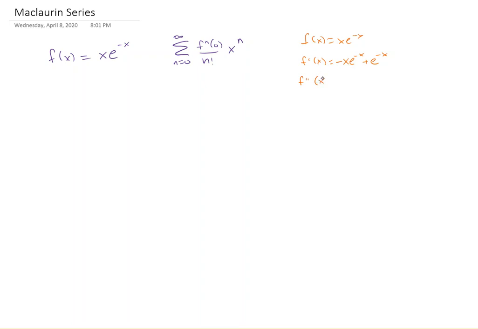Well, first times the derivative of the second. Now we have to do this one here. I think that's x e to the negative x minus 2e to the negative x.